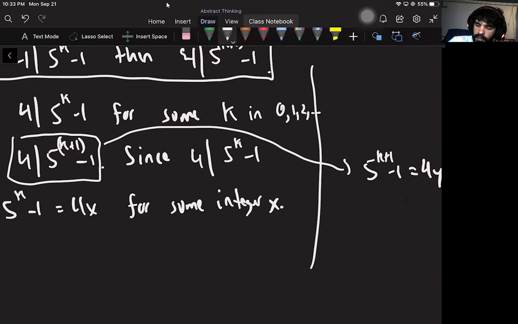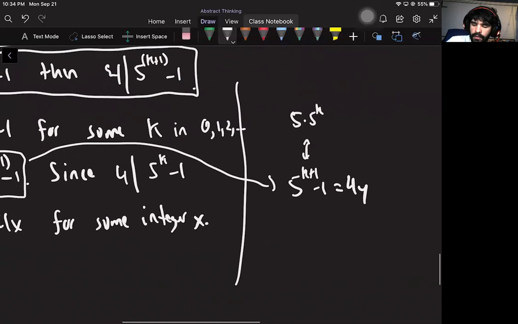Well, 5^(k+1), what does it mean if you add a power? That means 5 times 5^k. You could think, well, maybe if I multiply by k or something, there are different things you can try. But what we're going to do is start from the left, start from this thing, and then just see what happens if I manipulate it.